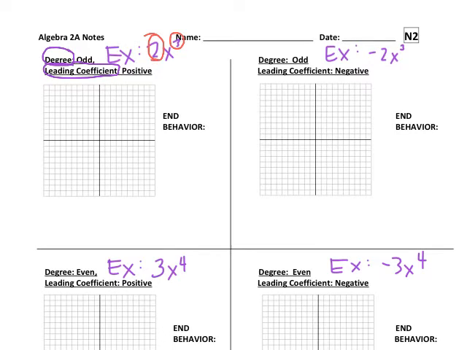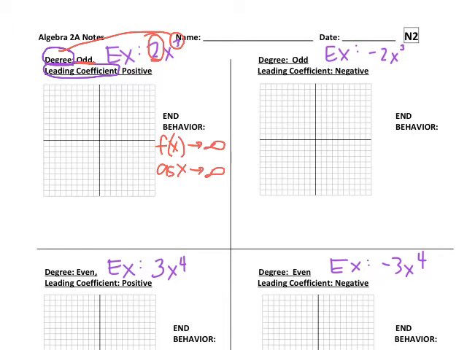So the very first term of the polynomial function has a number in front of it. If it does not have a number in front of it, then it's 1. And the degree is going to be this exponent right here. So the end behavior has to do with those two things. If the degree is odd, meaning that it's 1, 3, 5, 7, and the leading coefficient is positive, the function is going to approach infinity as x approaches infinity.